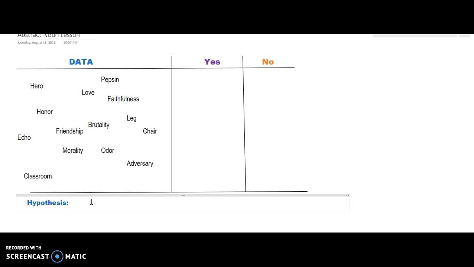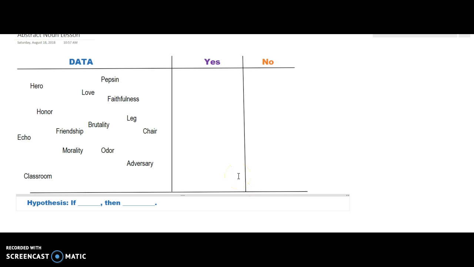Because it's a new part of speech. So when you are looking for patterns, think of the rules in if, then statements, because this is how we write hypotheses. So if the word has this quality, then it is a negative example. If the word has this quality, then it has to be a positive example.